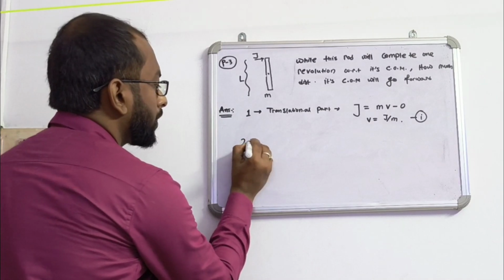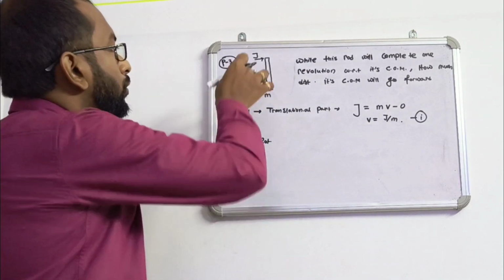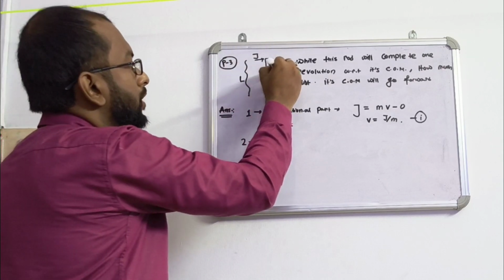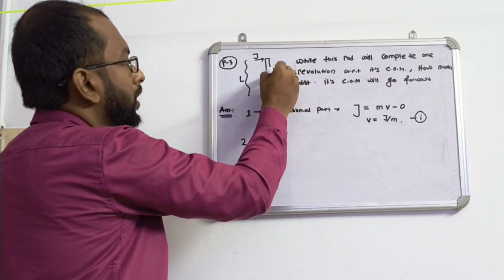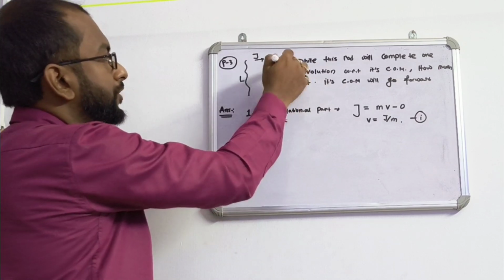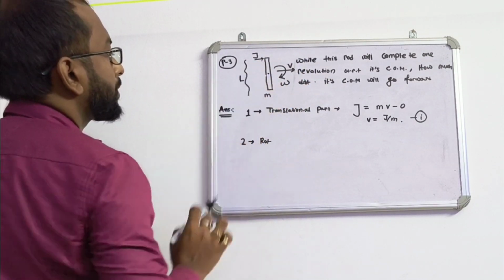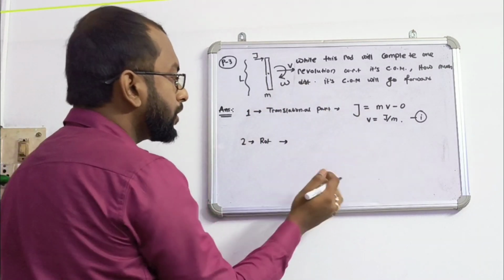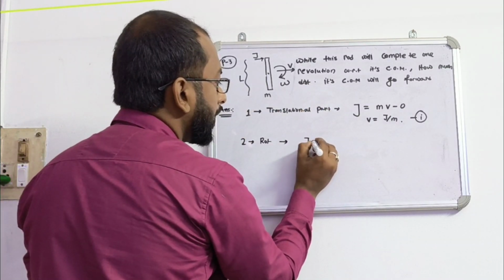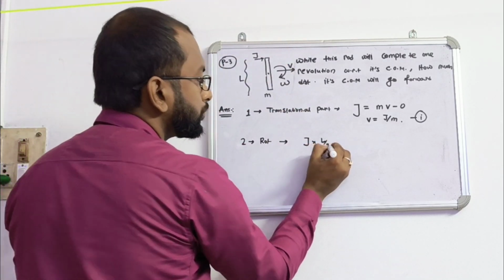That is our first equation. Now the second part is the rotational part. J impulse is given, so it is going to move with angular velocity omega, as well as go forward. This V we have already found. Now, what is the value of omega? With respect to the center of mass, what is the angular momentum? It is J into the distance from the center of mass, that is L by 2.